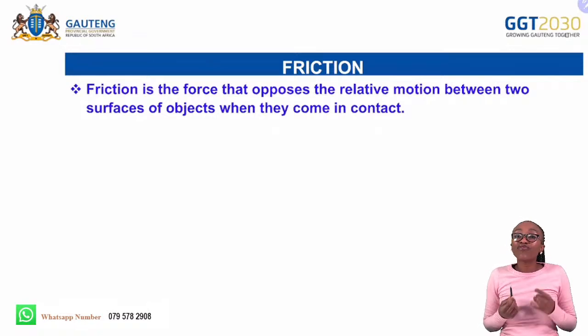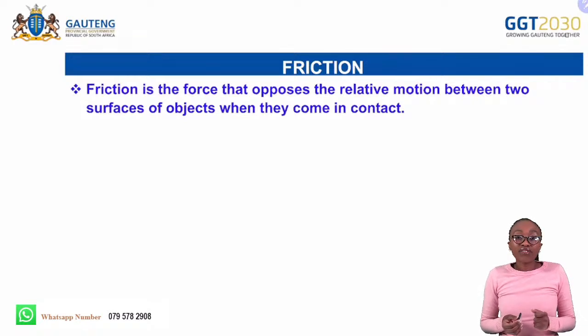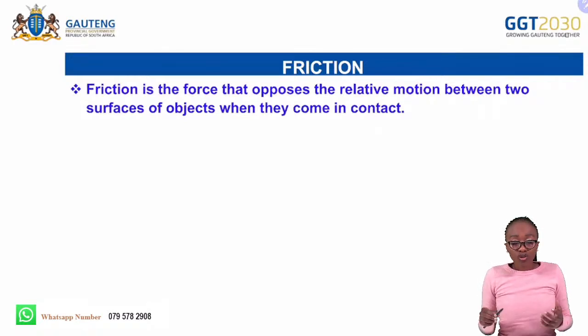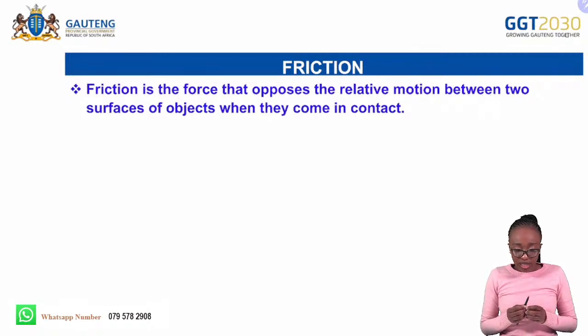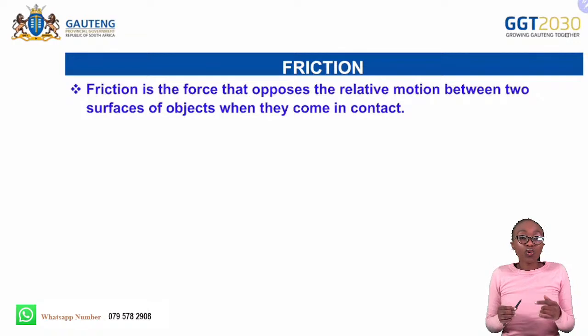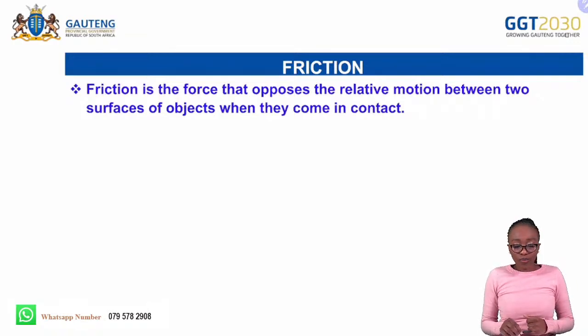There is some friction that is happening because we have two surfaces. We have the surface of the floor and we have the surface of your shoe. So these two objects, when they come into contact with each other, there is a force that's going to oppose you going to the front. You going forwards, there's always going to be a force that's going to oppose that.